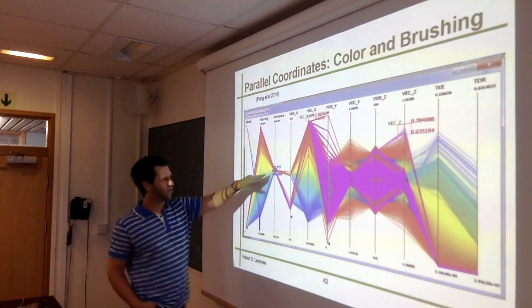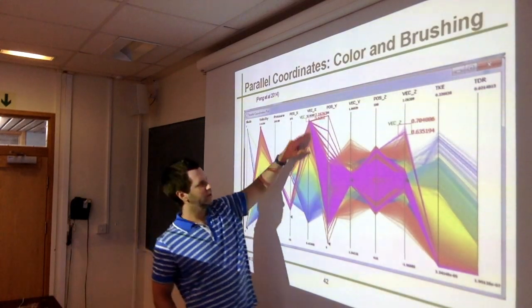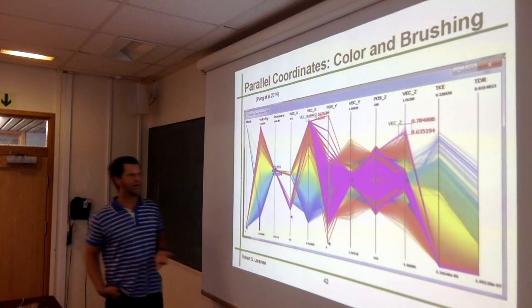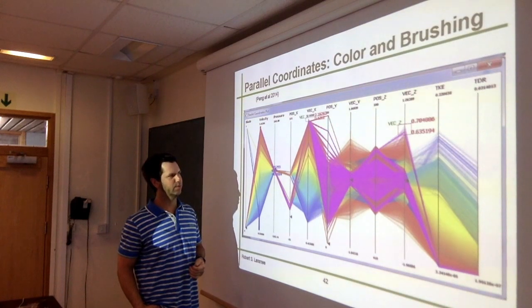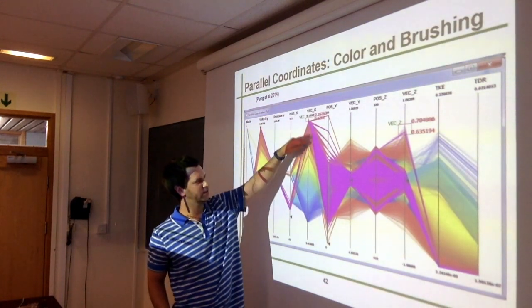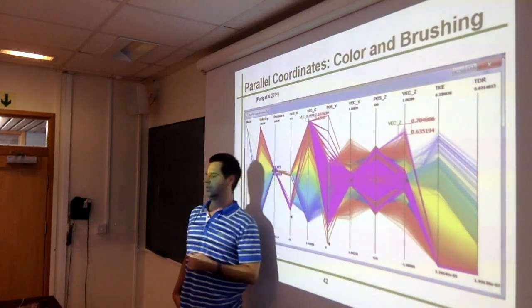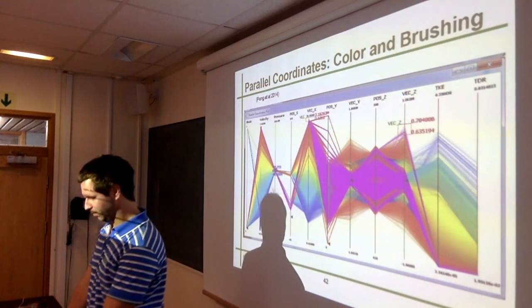So here, all the polylines are rendered in this funky kind of magenta color, where the rest of the polylines are rendered in this RGB color map. So now we can see what happens to these and where they go, and reduce some of that visual occlusion.